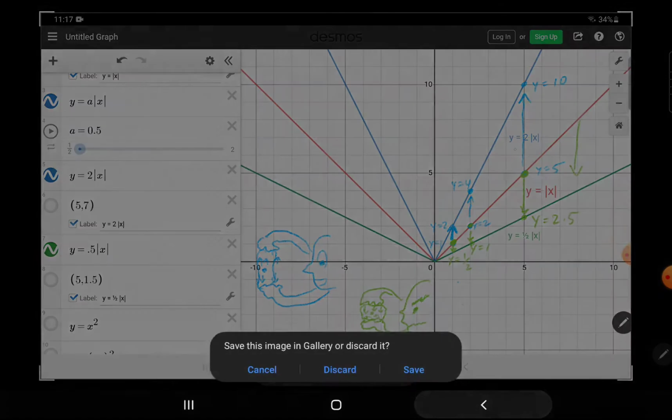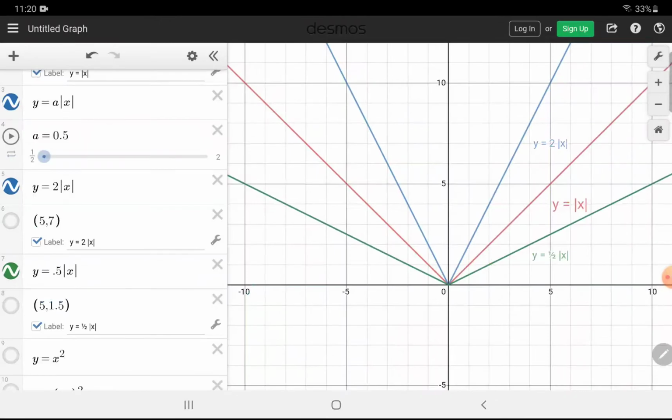Going back to our graph here, I want to show that to you again. Notice as we start from the parent function, as that a value gets larger, imagine that this is Play-Doh and you're stretching this ball of Play-Doh up. So now you have y equals 2 absolute value of x. You're stretching it vertically like that.